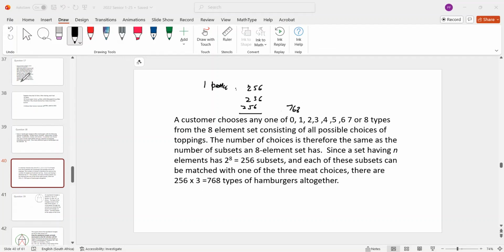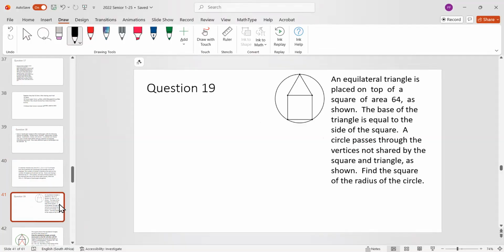Now let's get on to the next problem. Okay, question 19. An equilateral triangle is placed on top of a square of area 64. So you've got a square and you've got a triangle, and then you have a circle which contains these 3 points.